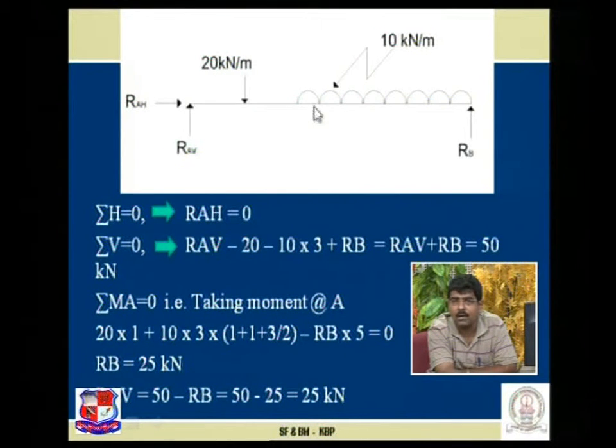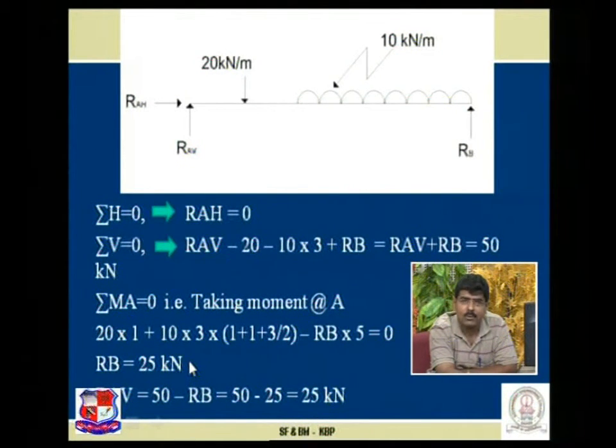If we convert this UDL into an equivalent point load, 10 into 3 acting at CG over here, 30, creates a moment. So distance is 2 plus 3 by 2. So you just see 20 into 1 plus 30 into 2 plus 3 by 2 minus RB into 5 is equal to 0, and by solving this equation we will achieve RB as 25 kilonewton.